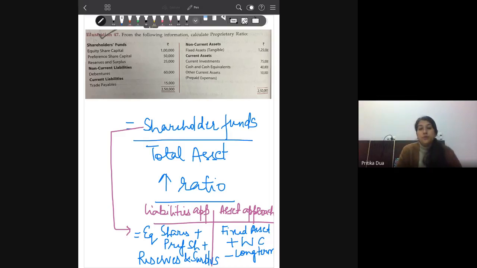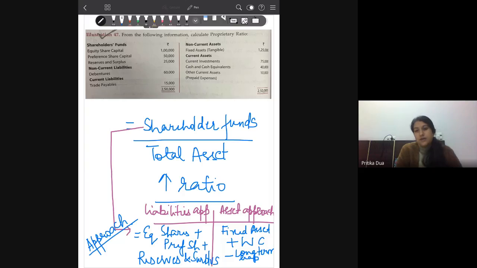Okay, so total assets, all of you know, fixed assets plus current assets. For equity or for shareholders funds, there can be two methods. I have written the two approaches here. One is the liability side approach, जो हम generally follow करते हैं, equity shares plus preference shares plus reserves and surplus.